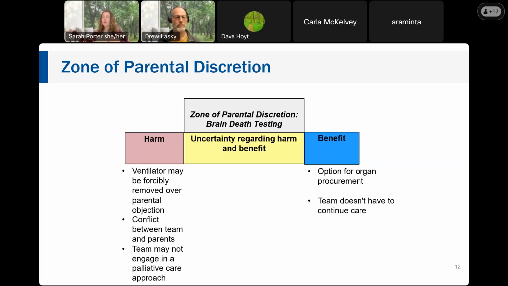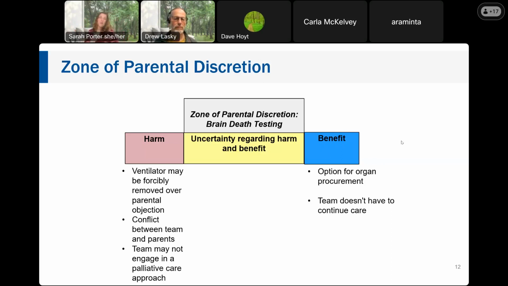So while we're very familiar with the palliative care approach and how to talk to parents about what this injury means, what it looks like, what this child's future quality of life is going to be, and prognosticate the best we can, we're not used to doing that when we have reason to believe that death by neurologic criteria is happening. And it really is like a freeway, you've got guardrails on both sides, and it's hard to get off and it's hard to move. You're just on this track.